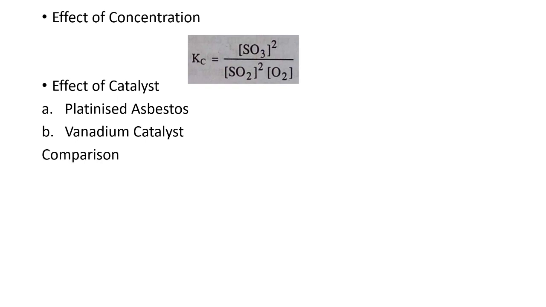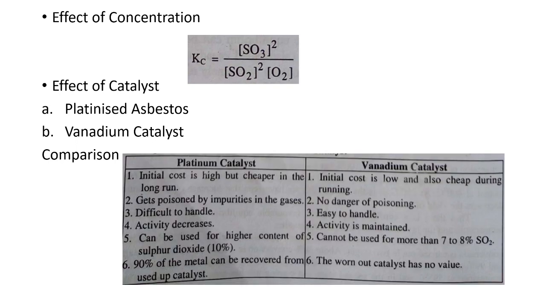If at all a trace amount of impurity remains, that will poison the activity of the catalyst. These impurities can be arsenic oxide, arsenic hydrides, chlorine gas, HCl, HF, various compounds of lead or antimony. They form a film on the surface, and once the film is formed, the activity is lost. So again you have to recycle.